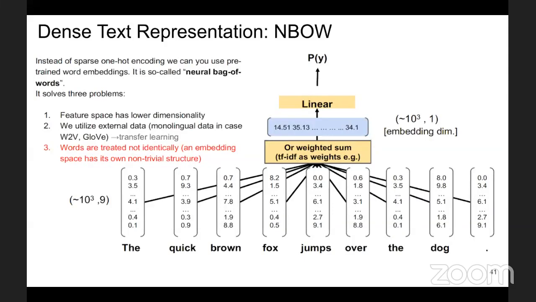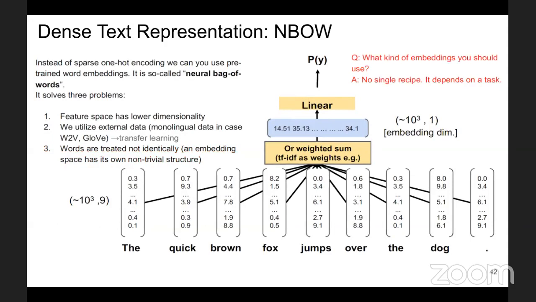But in modern representations you can consider a larger context, depending on how you process the architectures. We'll talk about it in a later slide: the way you use RNNs to process sequentially will capture additional information, which we'll cover later. Because context is captured, words are not treated identically.